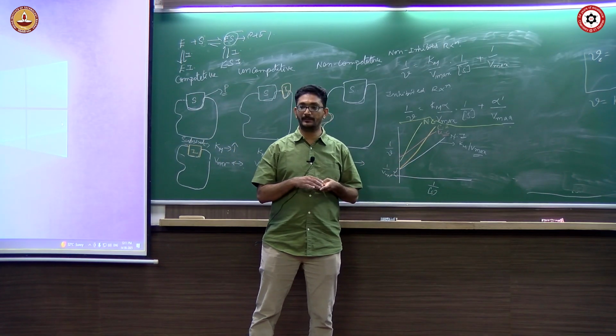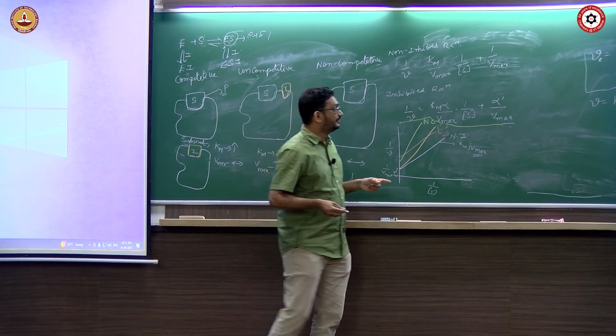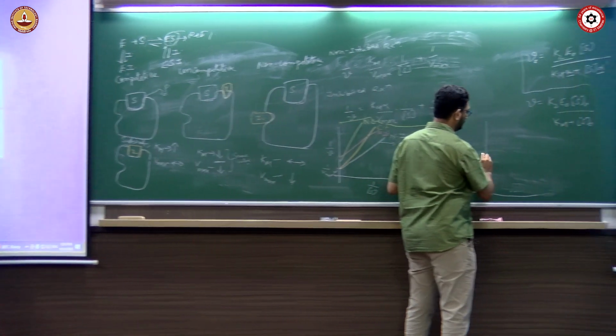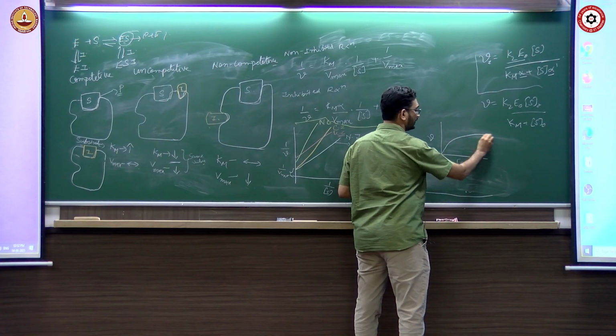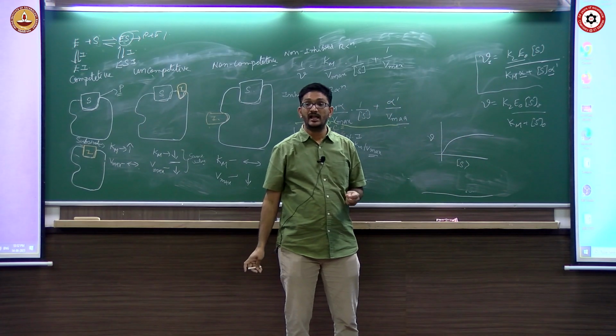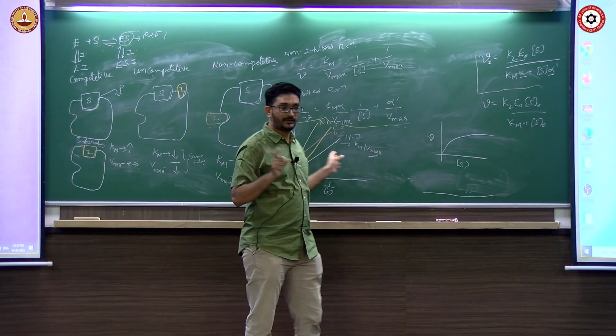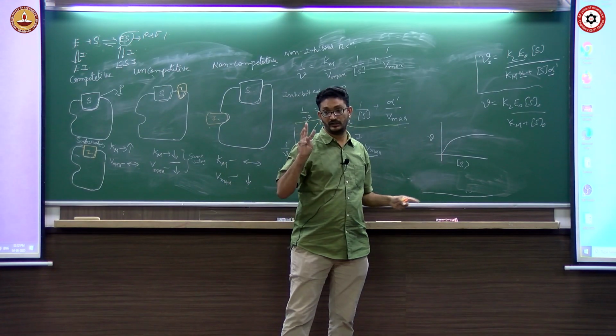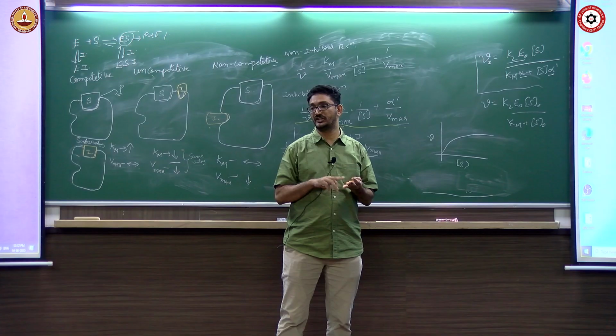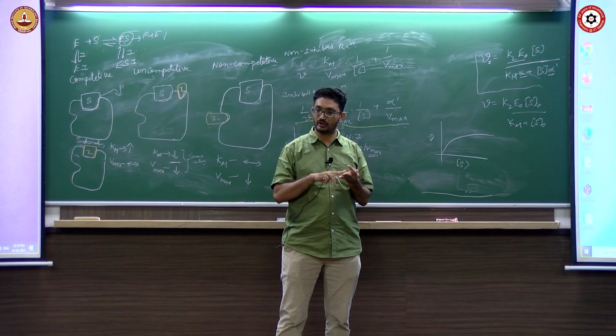Now I will give you a simple homework kind of thing. This is your Michaelis-Menten curve, right? This is your simple Michaelis-Menten curve. What we did is for a Lineweaver-Burk plot, right? Can you draw for the three inhibition modes: competitive inhibition, uncompetitive inhibition, and non-competitive inhibition?